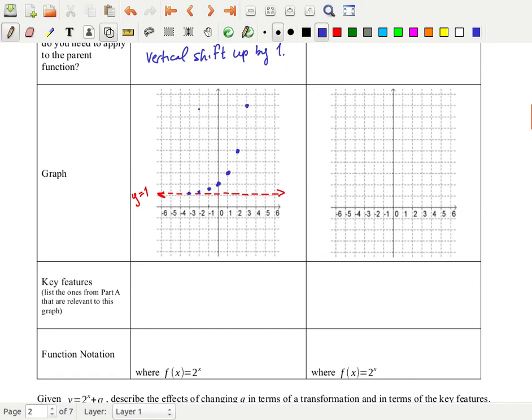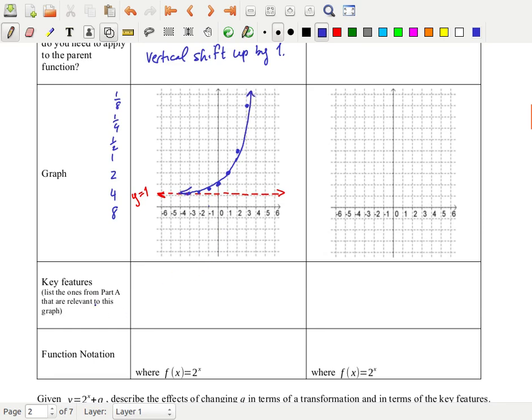So that pattern that we had before, which went something along the lines of 1, 2, 4, 8, and let's see, 1/2, 1/4, 1/8. Now all we have to do is take all of those values, and because it has shifted up by 1, all of those get 1 added to it. And you can see they still follow the asymptote. Our graph ends up looking like this.